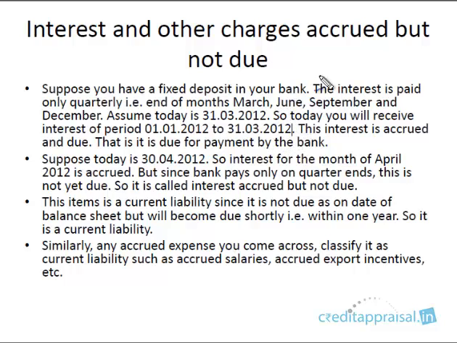Then interest and other charges accrued but not due. What is it? This is accrued but not due. Say for example, you have a fixed deposit in a bank, and every quarter the interest payment is made: March, June, September, and December. So assume today is March 31st. Today you will receive interest for the period January 1 to March 31. Now say today is April 30th.